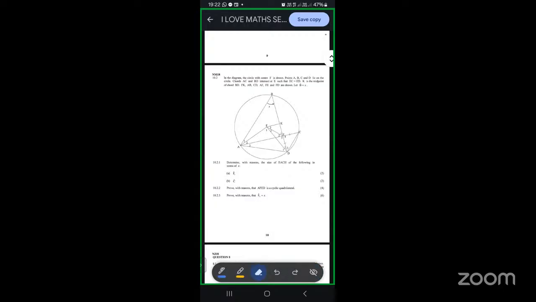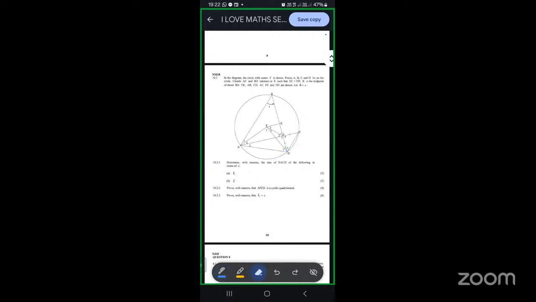This will help us a lot because now this is an isosceles triangle. Therefore this angle will be equal to that angle, reason being angles opposite equal sides.